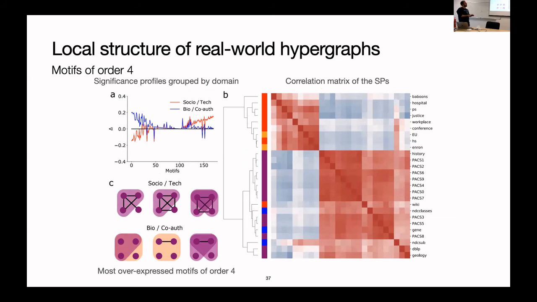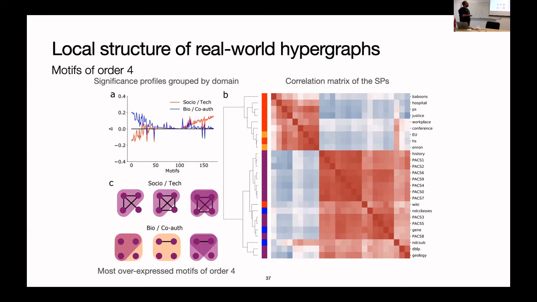So we grouped together the social and technological data and the biological and co-authorship data, since they were the two clusters that emerged before. By ordering the motifs on the x-axis in figure A, we see that there is a big difference between the two profiles, or at least there are motifs that really are able to differentiate between the domains.